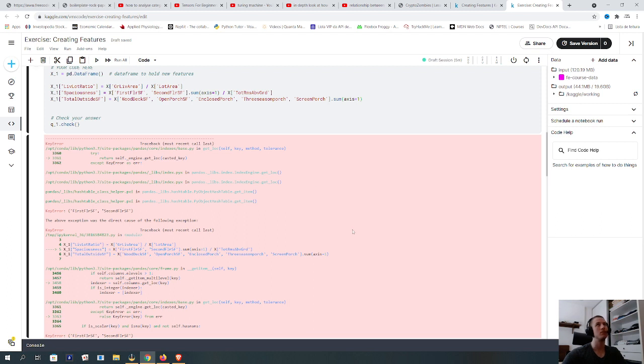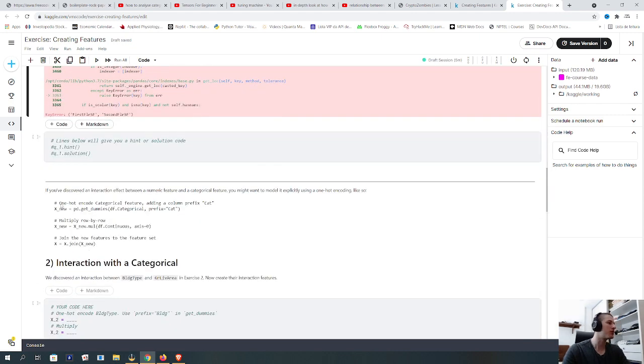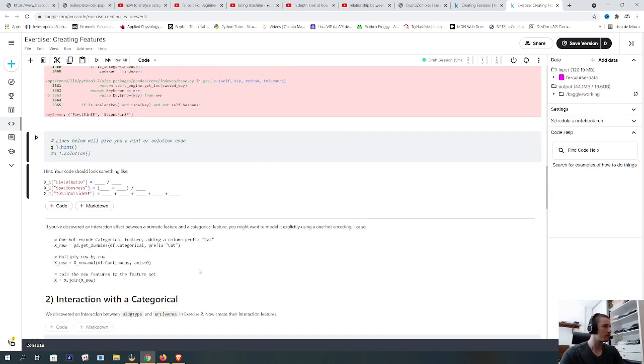No, but then it's gonna apply the sum to the columns instead. No, it's not gonna sum the columns, it's gonna apply the sum function to each column. I think I'm just gonna look at the hint. So I need to use the plus sign.